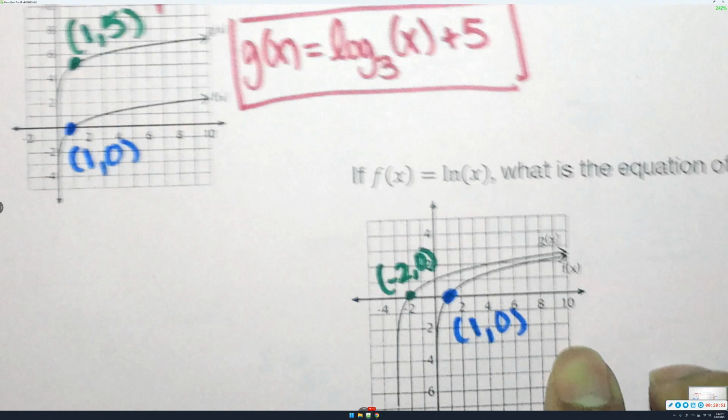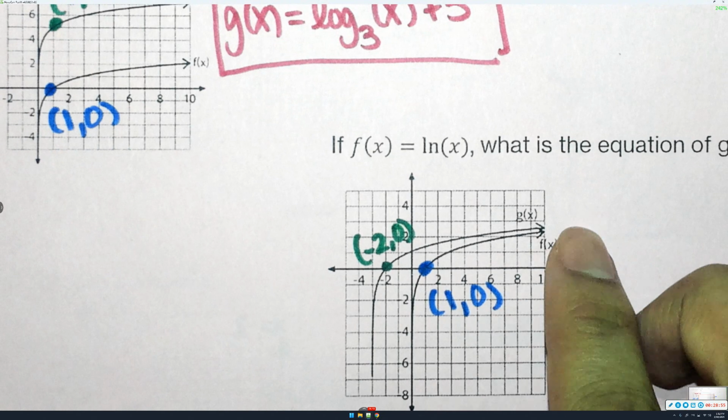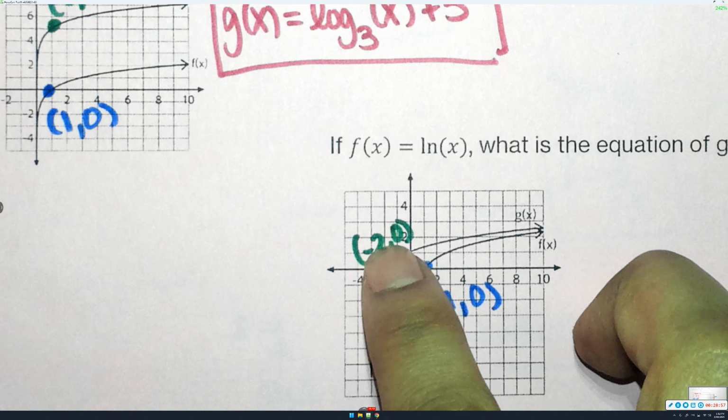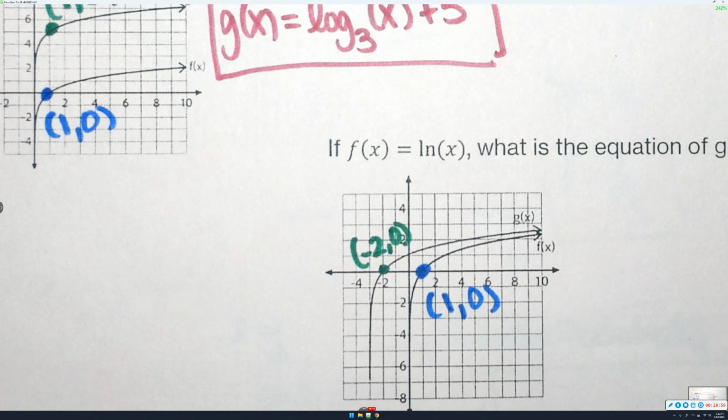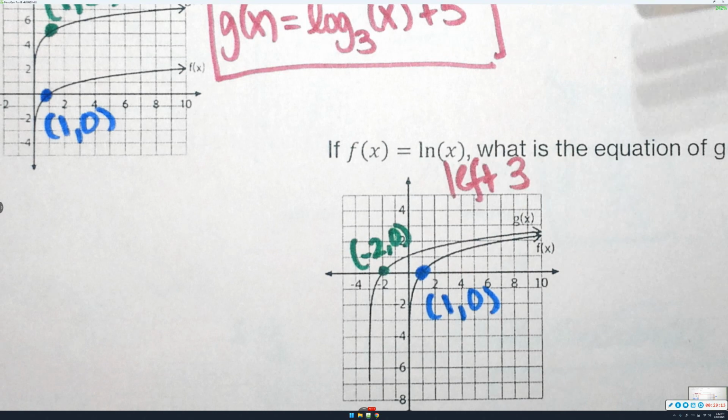So now let me ask you this, guys. How did I go from the blue point 1, 0 for f of x to the -2, 0 for g of x? What occurred here? It shifted to the left by how many units? 3 units. Good. Awesome. So on the very top, go ahead and write down left 3 units. There we go.